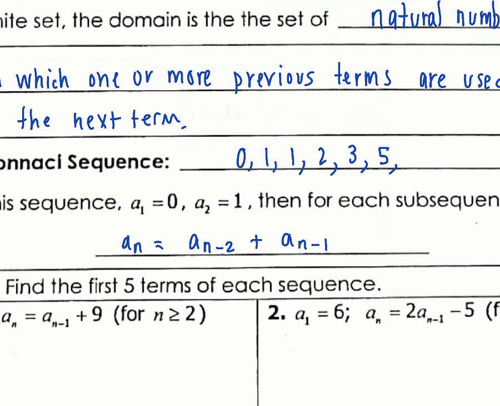To find my next term, what are my previous two terms? 3 plus 5? 8. To find my next term, I got to call on my two previous ones. What are my two previous ones? 5 and 8. What's 5 plus 8? What's my next value? 21. Next one? 34. And then we're going to go dot, dot, dot.